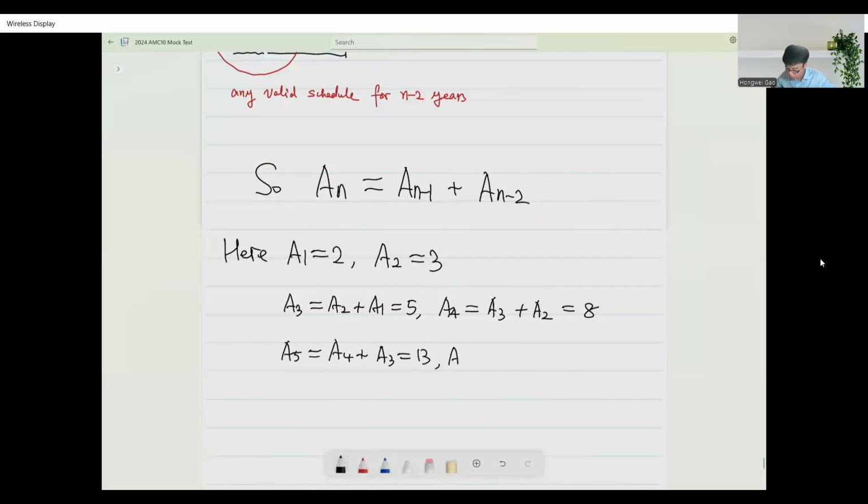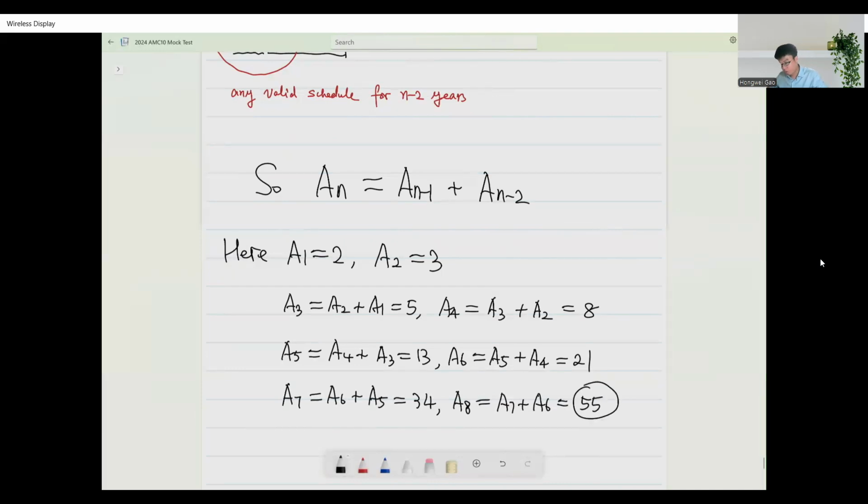A6 equals A5 plus A4, it is 21. A7 equals A6 plus A5, which is 34. Finally, A8 equals A7 plus A6, 34 plus 21, 55. So we have A8 to be 55.